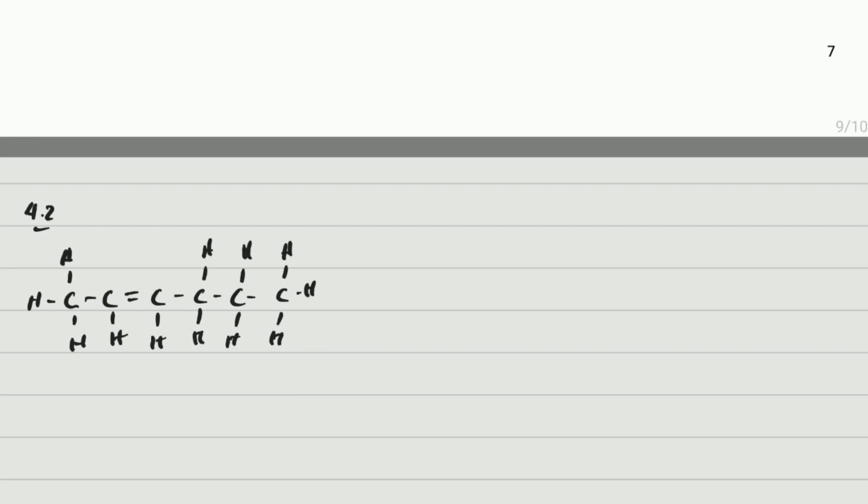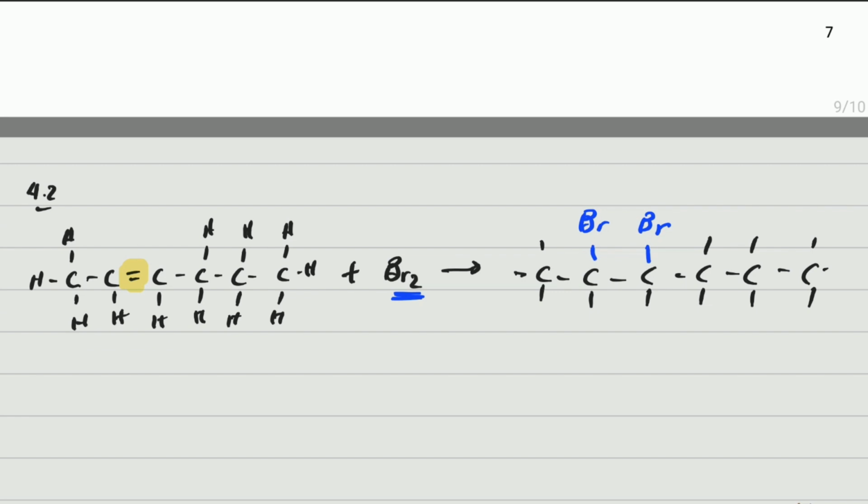This is hex-2-yne, and to it you added bromine water, or Br2. That is what you add there. So what is going to happen here? Well, the multiple bond is going to break and give space for the two bromines. So the two bromines will go in that specific space, and the rest is the hydrogens in the same way as they were before, guys.